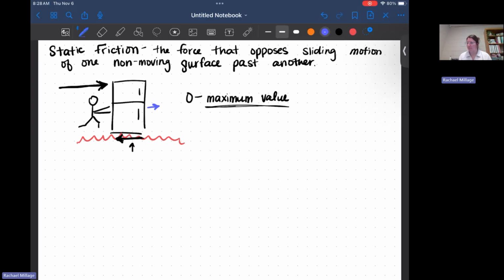A stationary object starts to move when the applied force equals the maximum force of static friction. Once the object is moving, is it static friction anymore? No, static friction becomes kinetic friction.